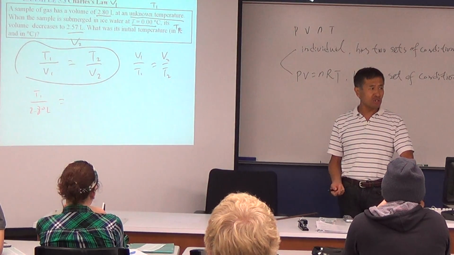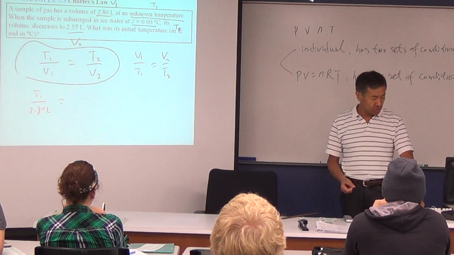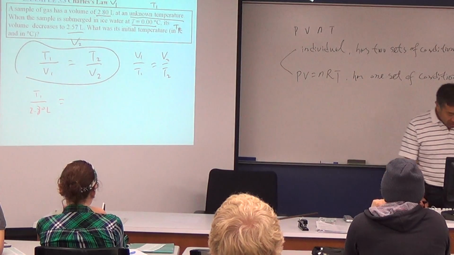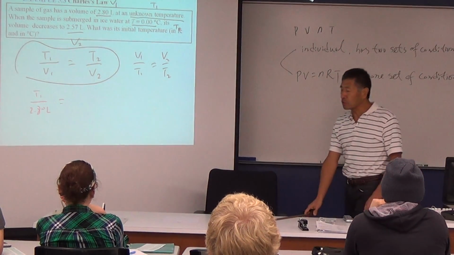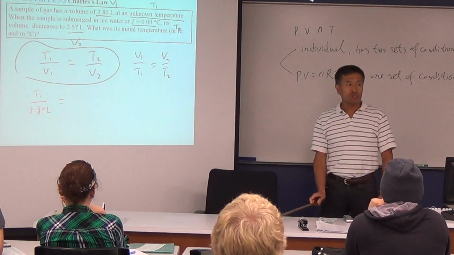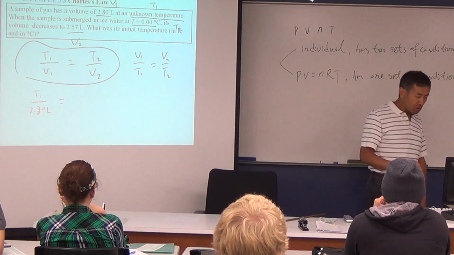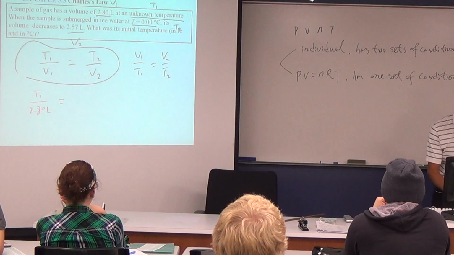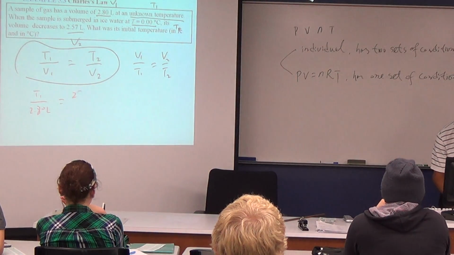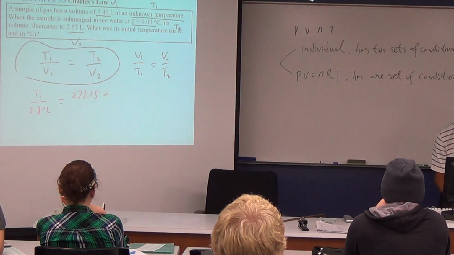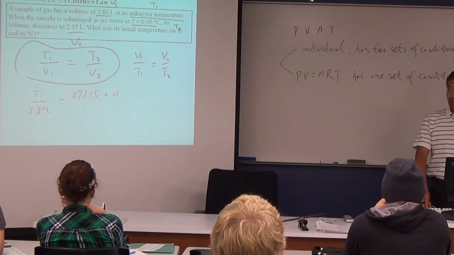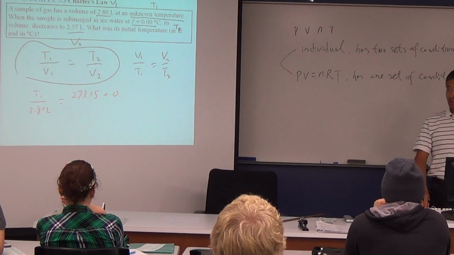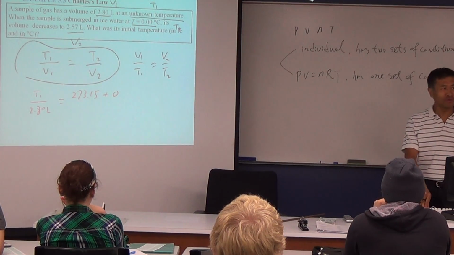In this case, liter is good, mL is also good, gallon is also good. Now the other temperature is T2. In this problem they give you T2 in Celsius, so before you put it into the equation, you can just write 273.15 plus 0, like that, because I want to make sure that in the calculations your temperature is in kelvins.